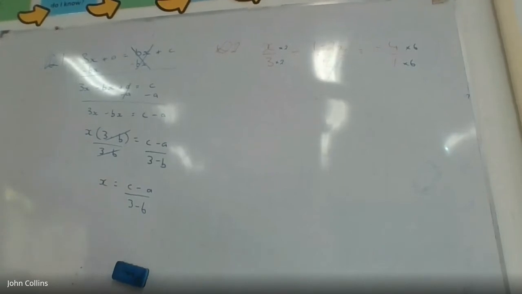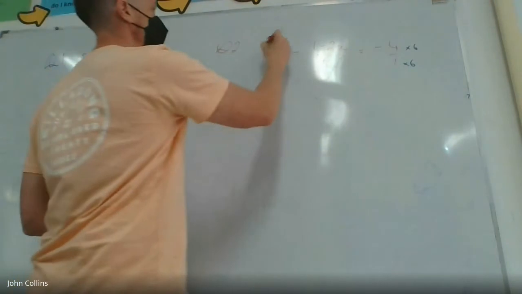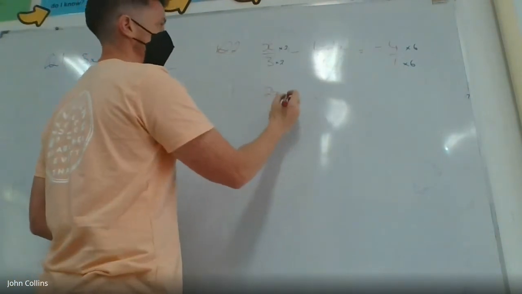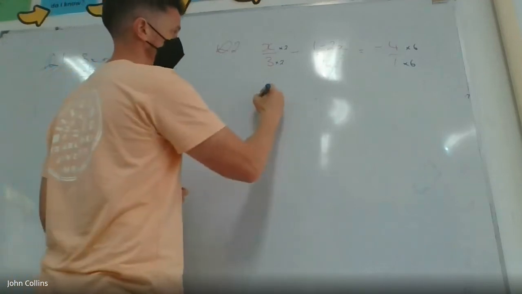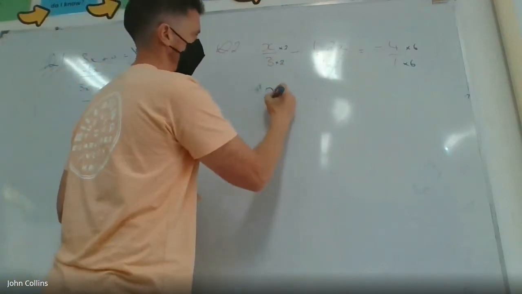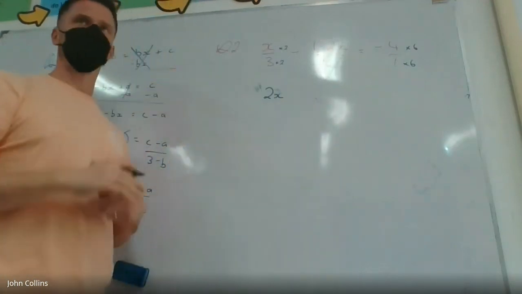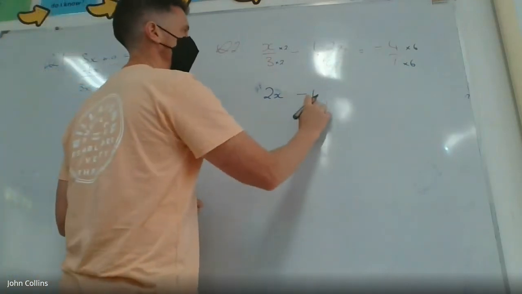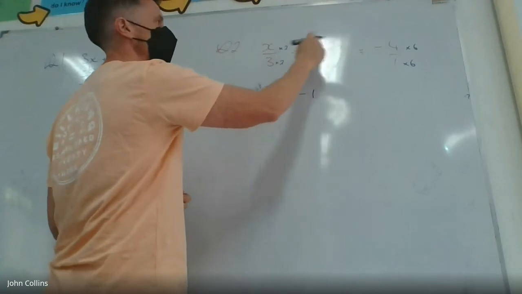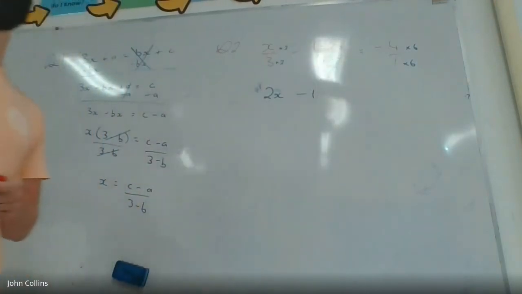It's anything that's different. So this would be 2x over 6, but I'm going to ignore that because everything's going to be over 6. Minus 1. Now this minus has to be applied to this, and this is the trick to this question.